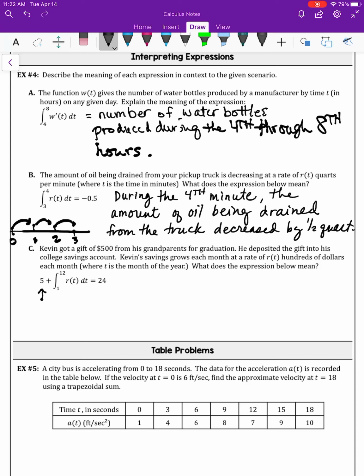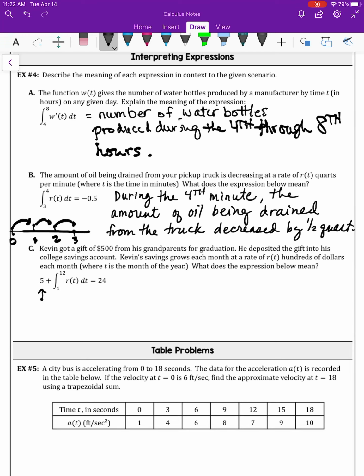So he initially had $500, yet they're only showing 5 here. So this must be in hundreds, right? Like they said, R of t is hundreds of dollars. So if we put 500 here and this was in hundreds of dollars, that wouldn't have worked. We would have had too much money.